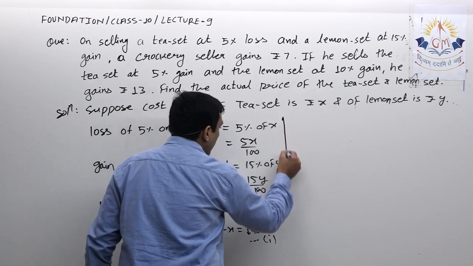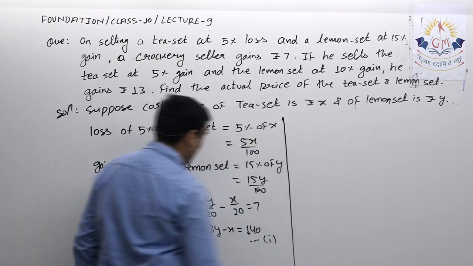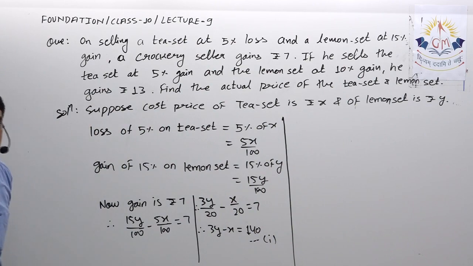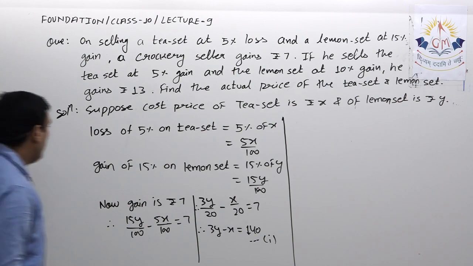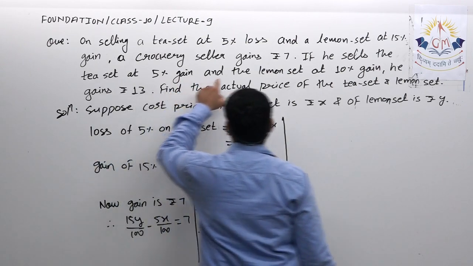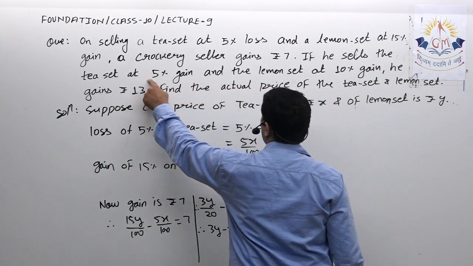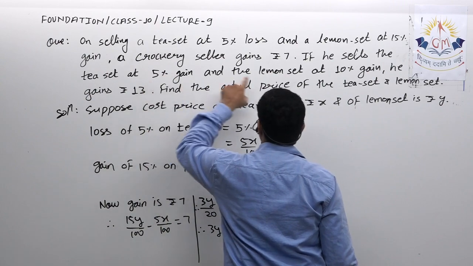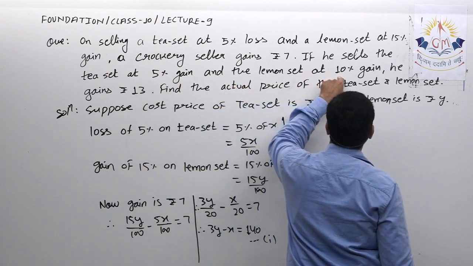Now in the similar way I will find my second equation. Now for second equation, there is a gain when tea set is sold at 5% gain and lemon set is sold at 10% gain.